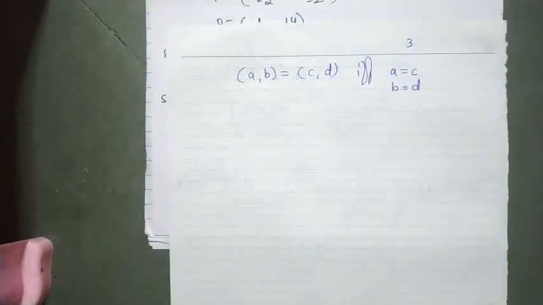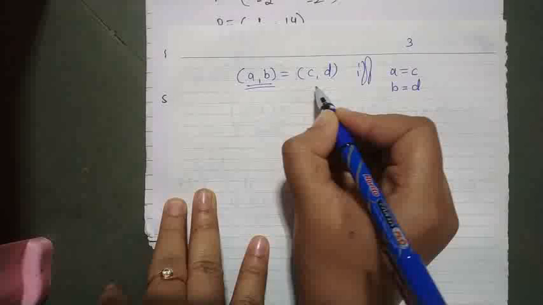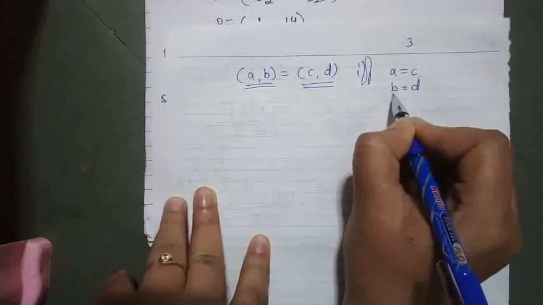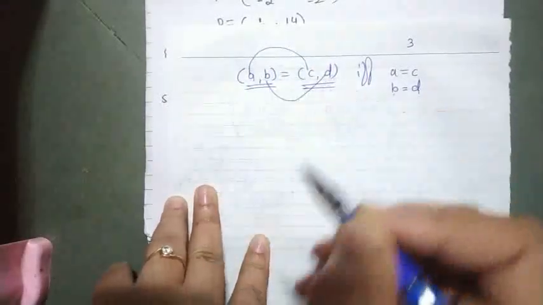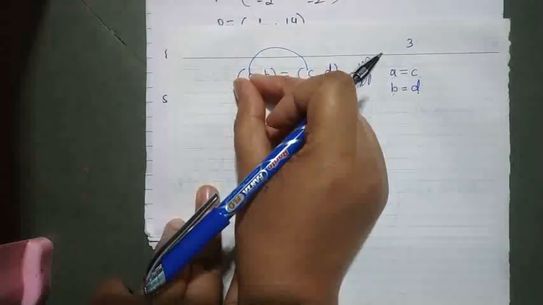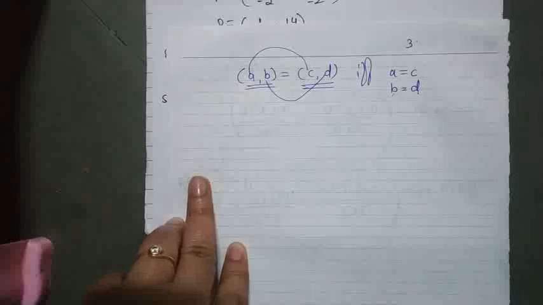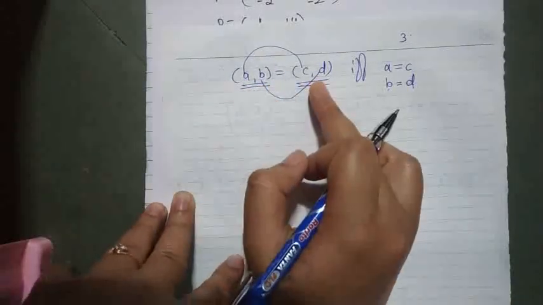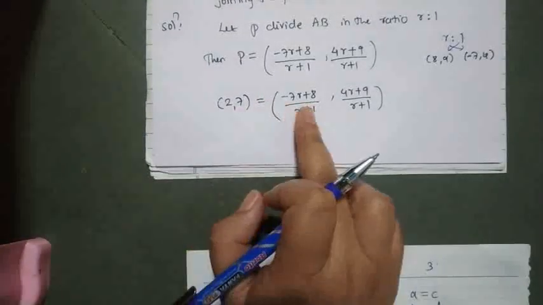In the algebra part of relations and functions they tell you that 2 ordered pairs are equal if and only if a is equal to c and b is equal to d: x coordinate with x coordinate, y coordinate with y coordinate. So we are applying the definition of equality of ordered pairs.